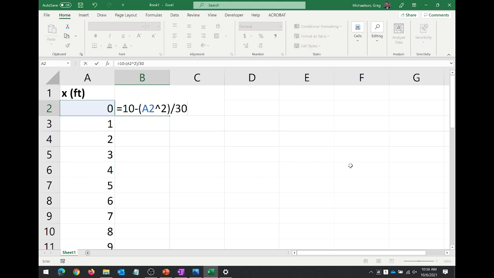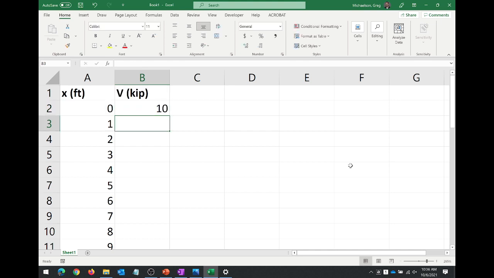What do you think? All you got to do is the first cell, you hit enter, and then remember this little trick? You put your cursor over the cell, you highlight the cell, and then you go to that little corner and you double click, boom.